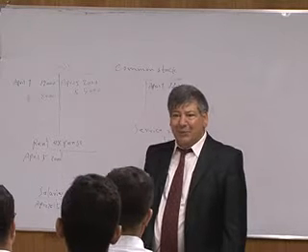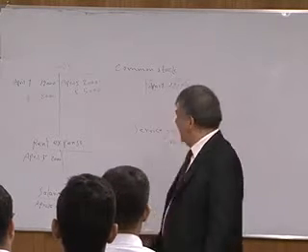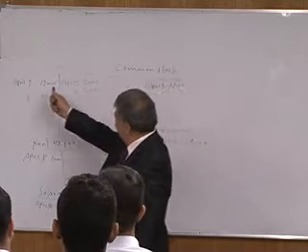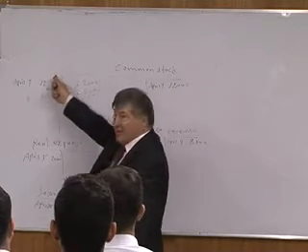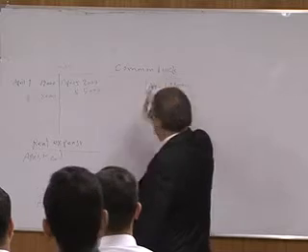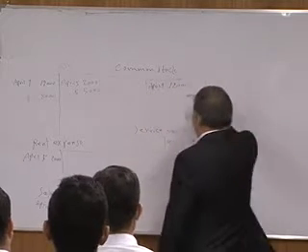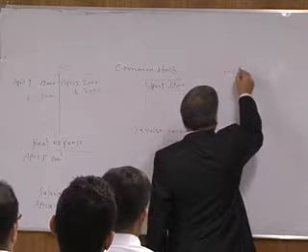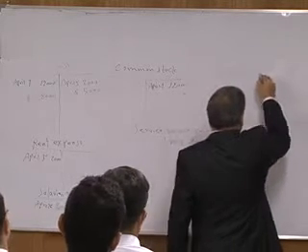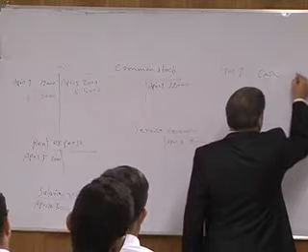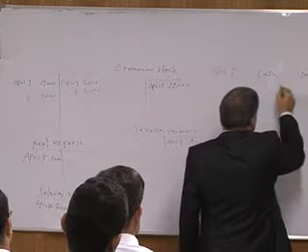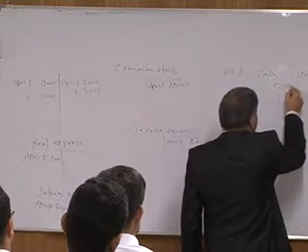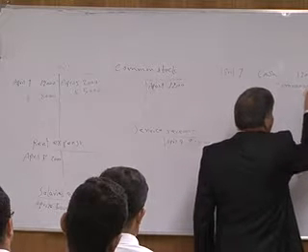Can anyone tell me the first entry? Debit cash, credit common stock. The date, April 1. Debit cash, how much? 12,000. The credit, common stock.